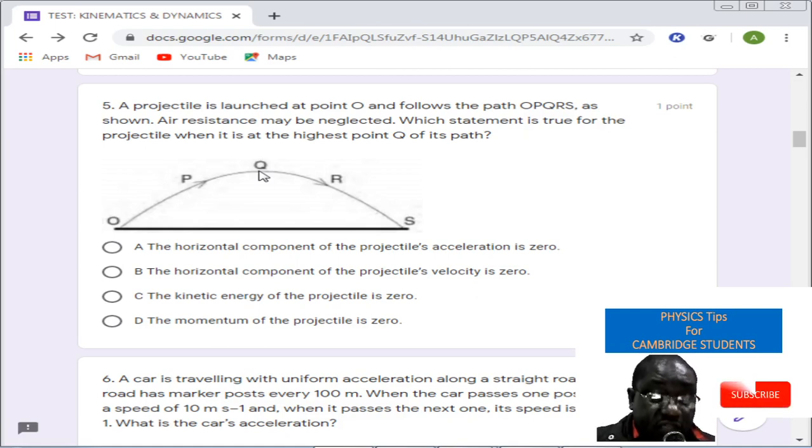That component in the horizontal gives the kinetic energy that we need to calculate. So C is wrong. Then D, the momentum of the projectile is 0. Momentum is the product of mass times velocity. So we cannot say that the momentum is 0 because we still have a velocity in the horizontal.